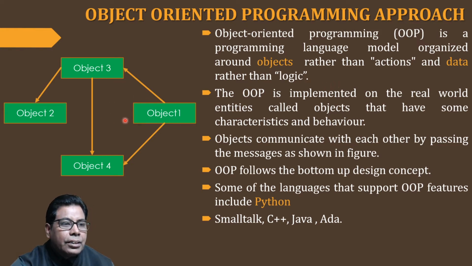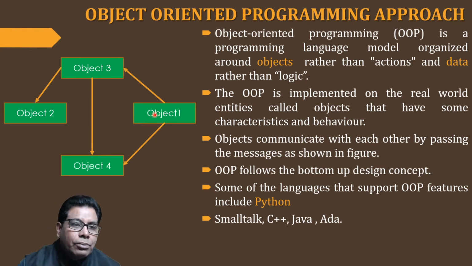You can see here we have object 1, object 2, object 3 and object 4, and we are showing the arrows for the communication between the objects. So the objects will communicate with each other by passing messages, and then they can pass the particular attributes using the messages.